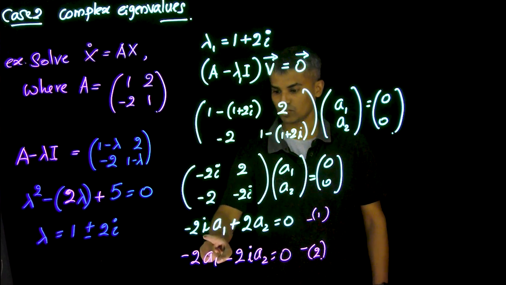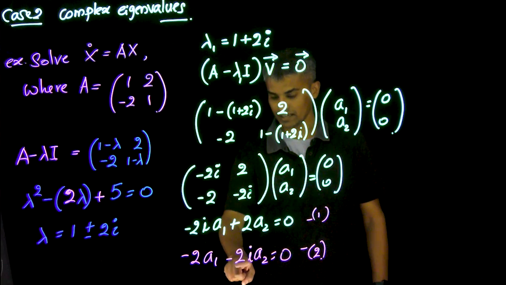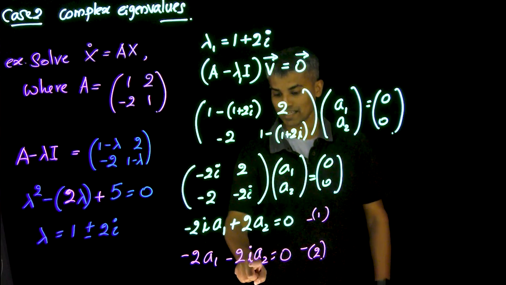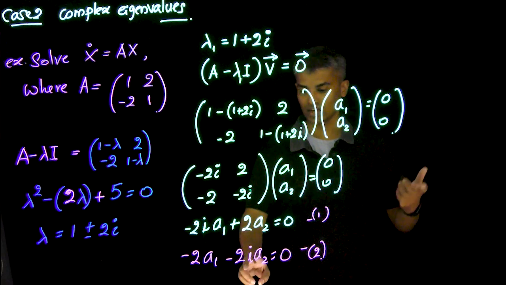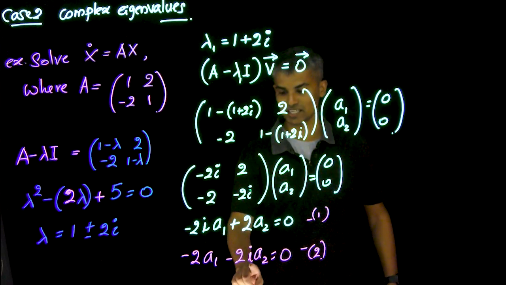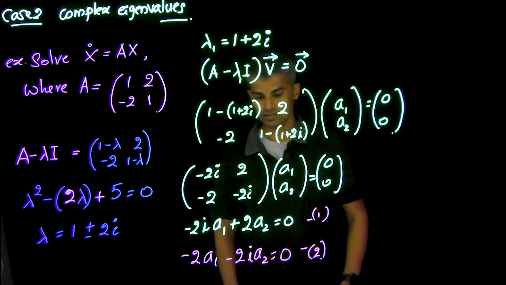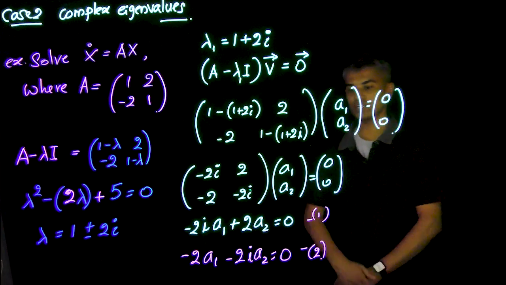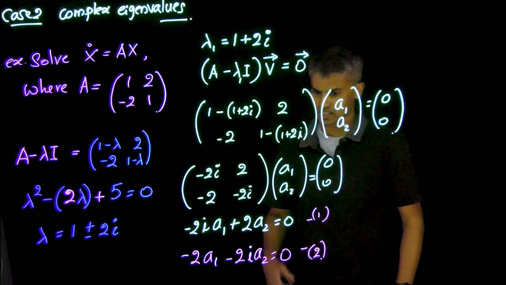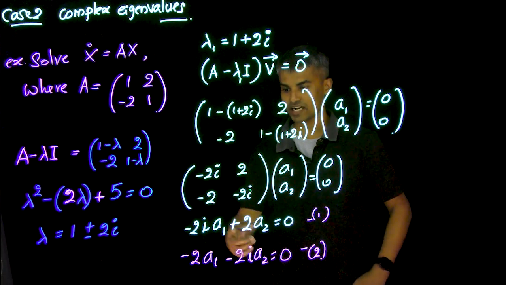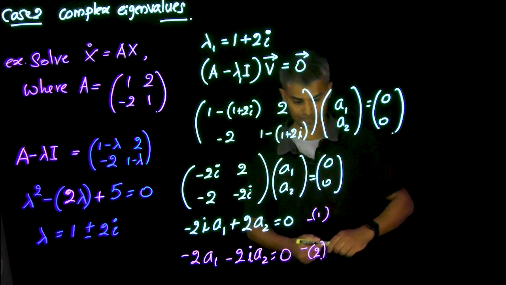You will get negative 2i a1 and then negative 2i times i, which is i squared, and i squared equals negative 1. Therefore, this negative times negative 1 becomes positive. So, yes, these two equations are equivalent, and I am going to consider the first equation to figure out the values of a1 and a2.